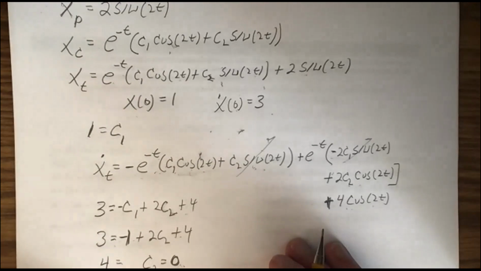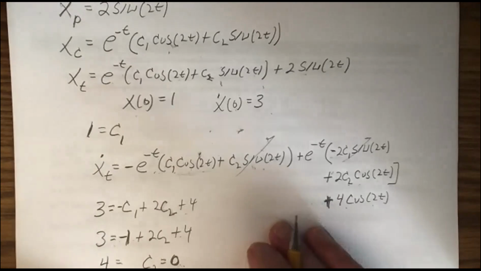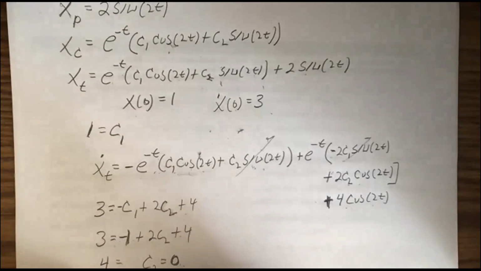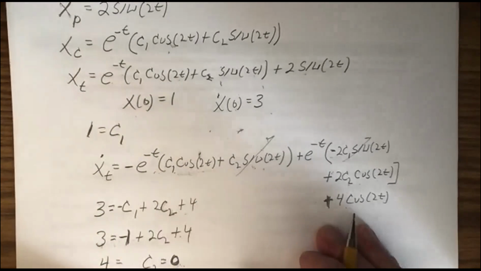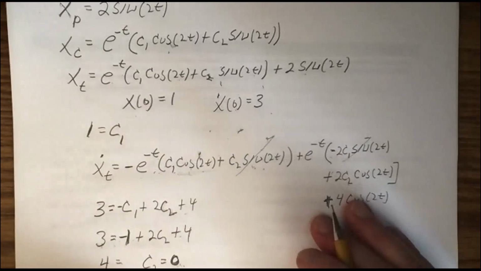All right. Any questions? Everybody agree that C2 is equal to 0? I bring the minus 1 over here and the 4 over here, so then I get 0 on both sides, and C2 is equal to 0. Okay. All right. So now what?